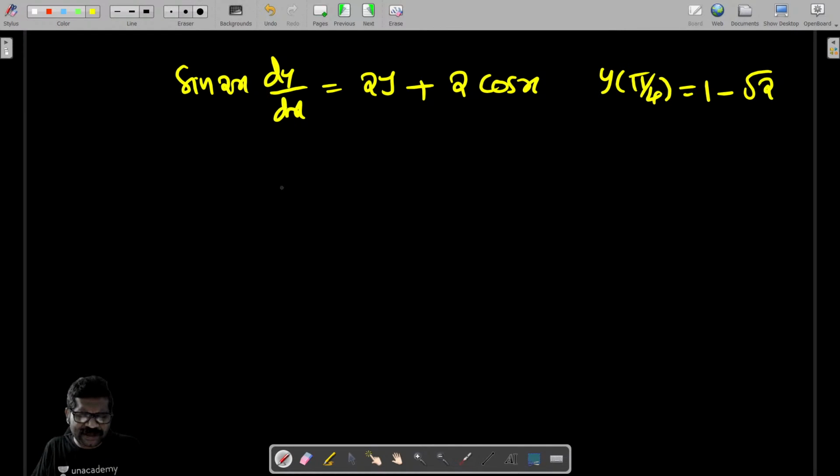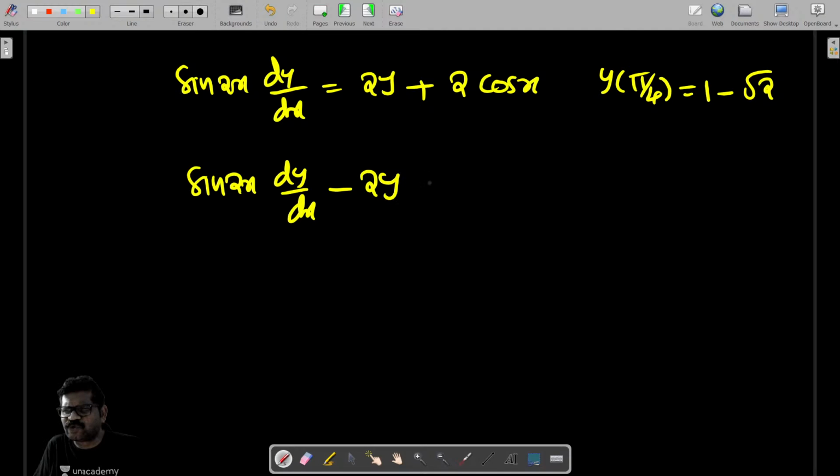Now, we write it in standard form: sin 2x into dy by dx minus 2y equal to 2 cos x.